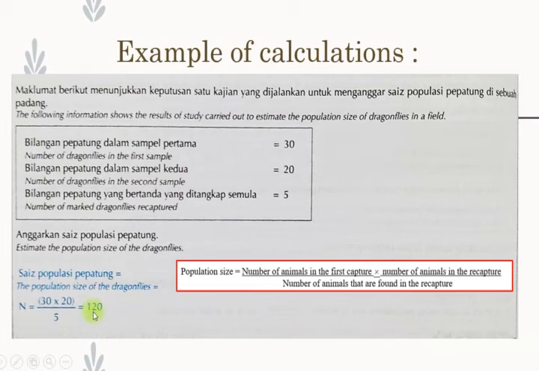That is the population size of the dragonflies. I hope you can understand how to calculate the population size of animals by using the capture, mark, release, and recapture method.